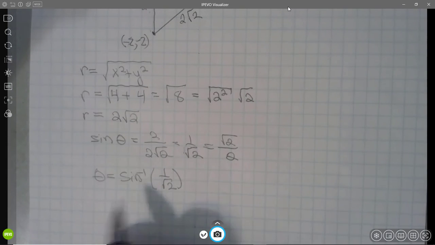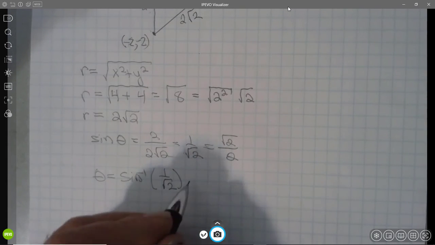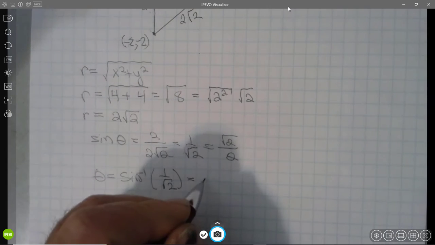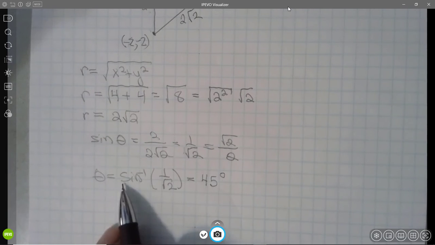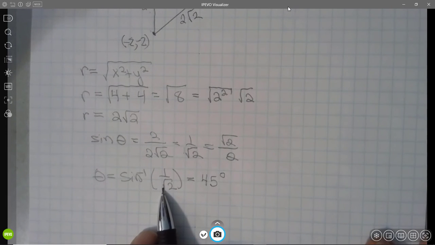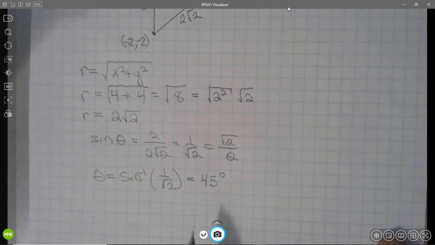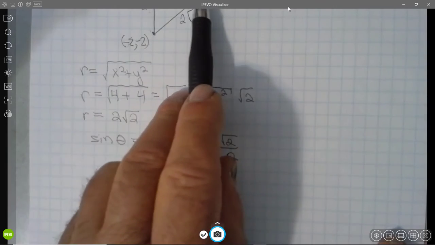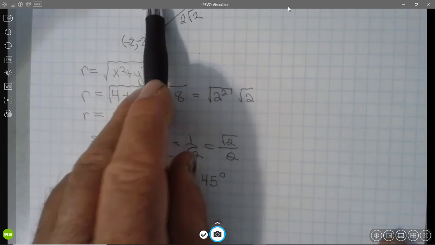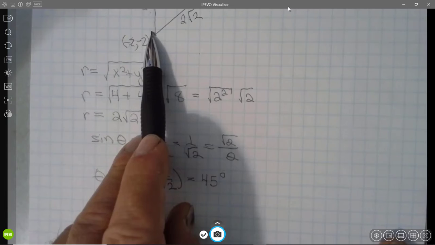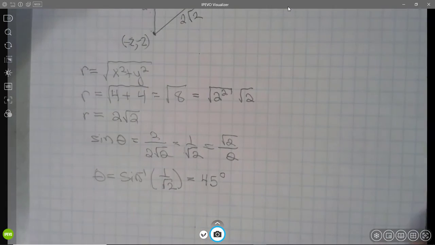All right, now we can do this on our calculator. And if we do, we'll come up with 45 degrees. But actually, we don't have to, because we should recognize this as one of our special angles. A 45-degree angle is certainly the case if you go the same distance in both the x and the y directions. Your reference angle will always be 45 degrees.